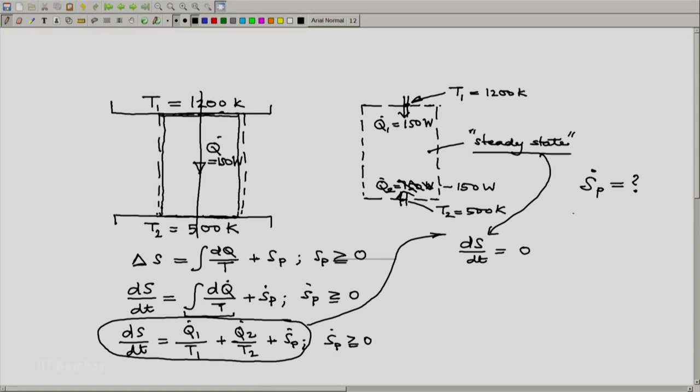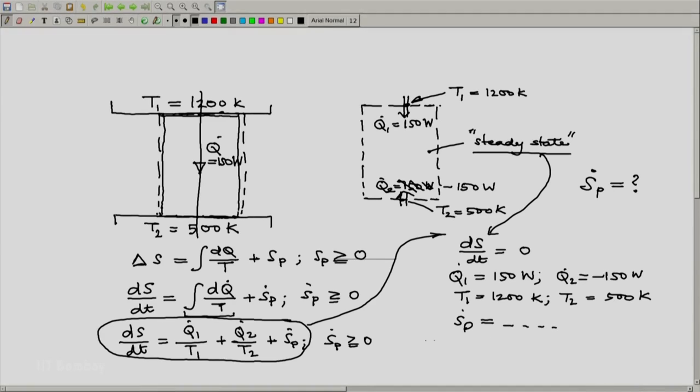The left hand side is 0, and on the right hand side Q dot 1 is 150 watt, Q dot 2 is minus 150 watt, T1 is 1200 K, T2 is 500 K. So, all that you have to do is substitute and obtain the value of S dot p, and after obtaining S dot p, we should appreciate that it will be greater than 0, and because it is greater than 0, the process we are studying is a real life possible irreversible process.